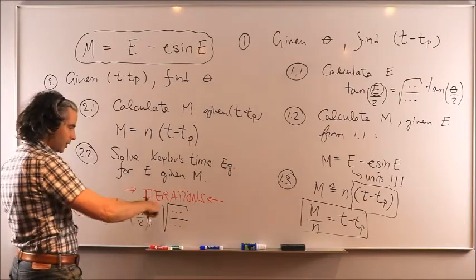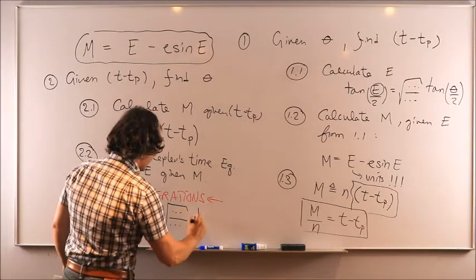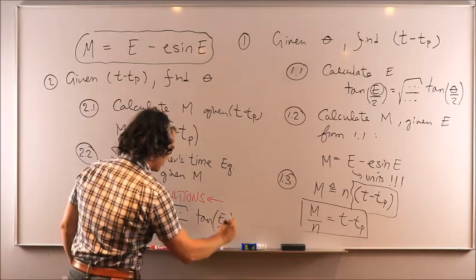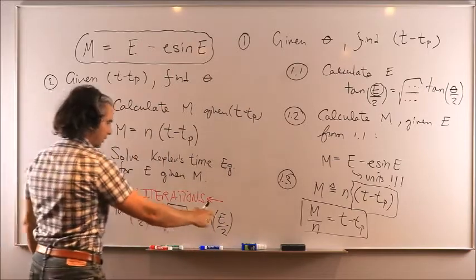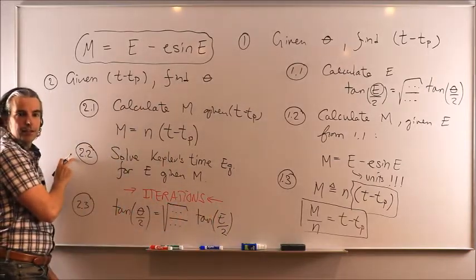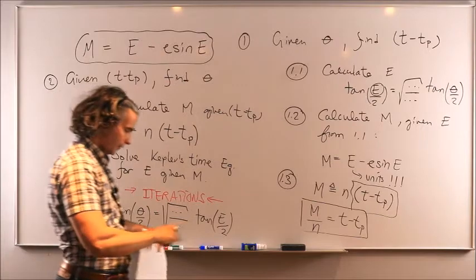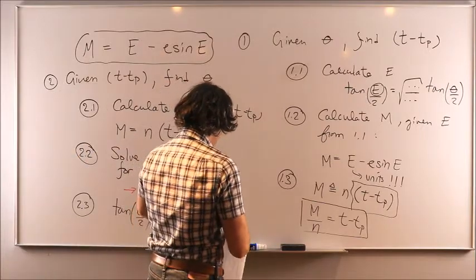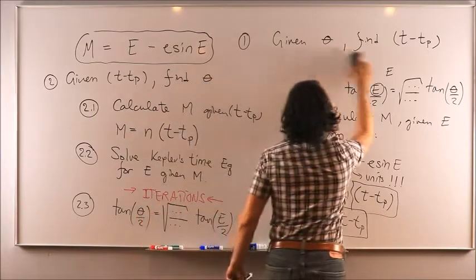Tan theta over 2 equal this ratio times tan eccentric anomaly over 2, where you had solved the eccentric anomaly in that second step here. Okay? So let's have a look at how we can iterate to solve for the eccentric anomaly.